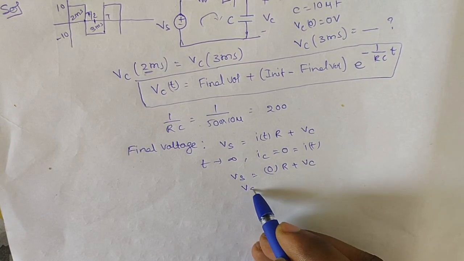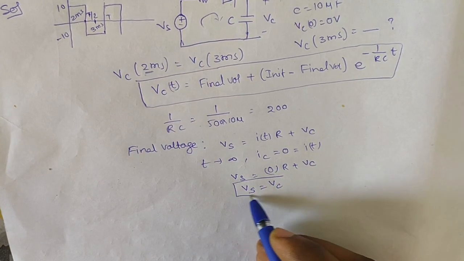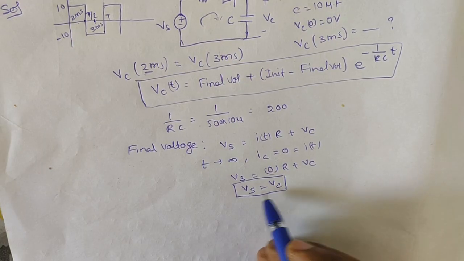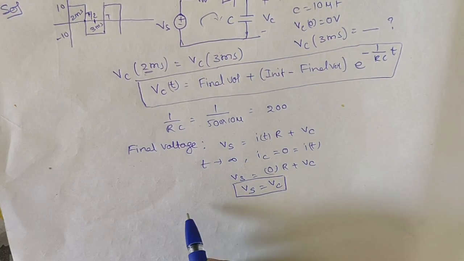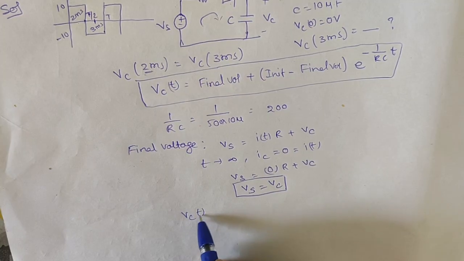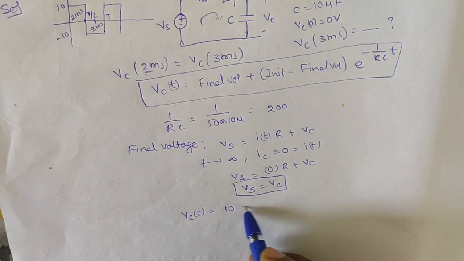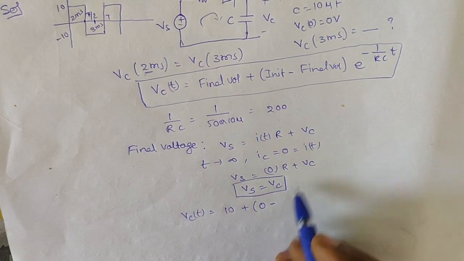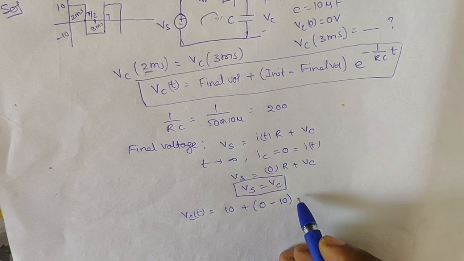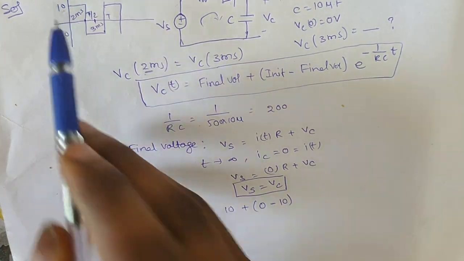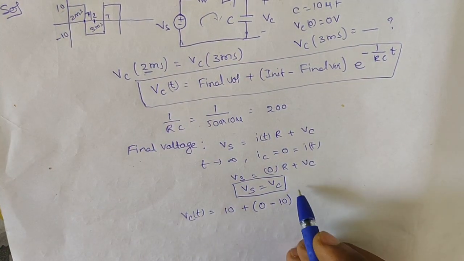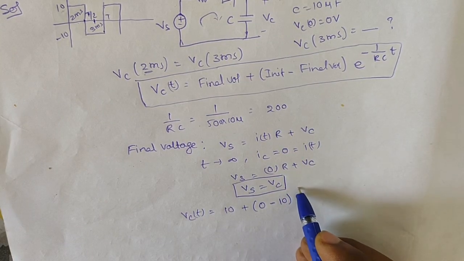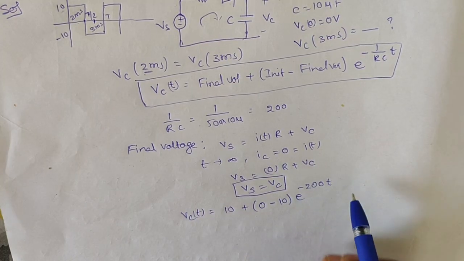From this equation, source voltage is equal to capacitor voltage at steady state. The source voltage peak value is 10, plus the initial voltage 0, minus the final voltage 10. The applied voltage given is 10 volts. So we have taken 10 into e power, where the 1 by RC value is 200, minus 200 into t.